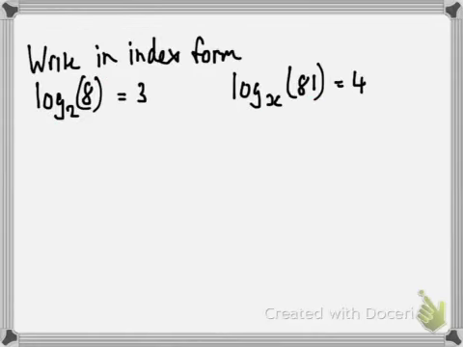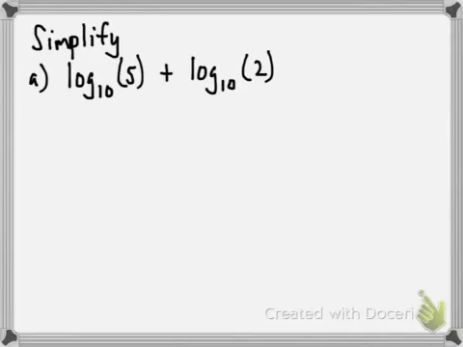Write in index form, the base to the power. In index form, 2 to the power of 3 equals 8. This one, change to index form, x to the power of 4 equals 81.